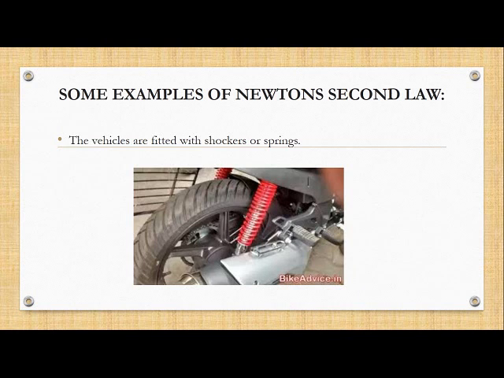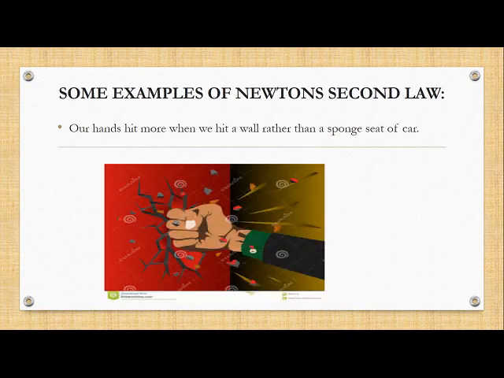If these are not there, then the person who is driving the bike will be fine, but the person sitting at the back will fall down from the bike. Right? Now, if you hit your hand on the floor or on the wall, you are going to get hurt very hard, right? It happens because more momentum is there. But children, if you do the same activity with the sponge of the car, you are hurt very less.